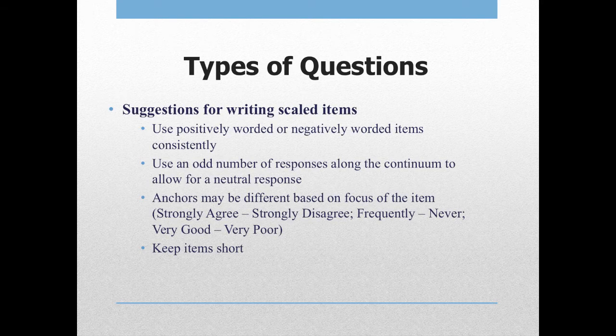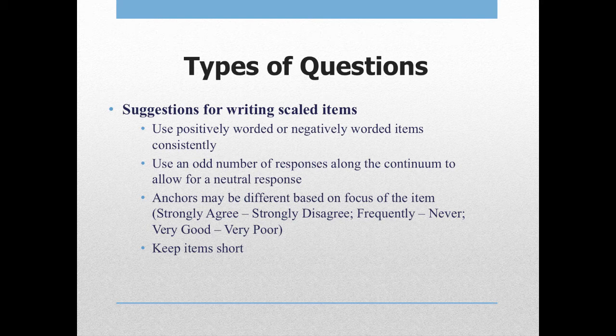So whenever you're writing scaled items, here are some tips. You want to use positively worded or negatively worded items consistently. What I mean by this is, if you imagine a page with 20 different questions, all different scales, and they are all worded in the affirmative: do you enjoy this? Do you enjoy this? And then all of a sudden you throw in a negatively worded one: do you not enjoy this?